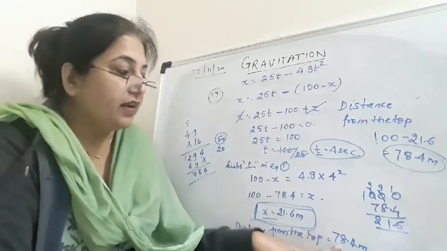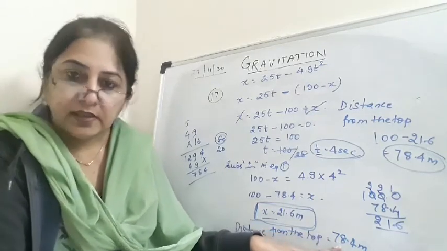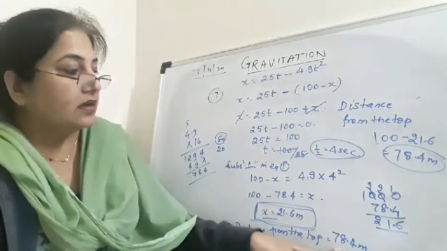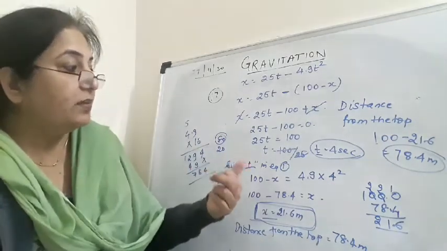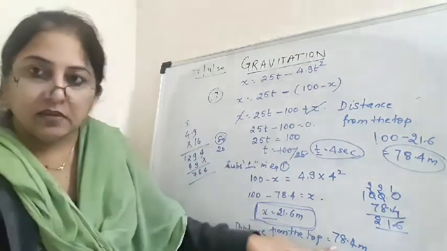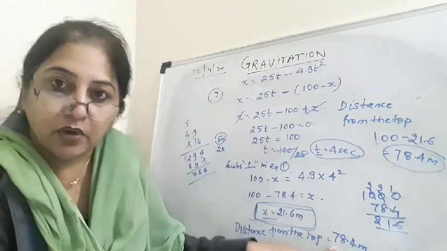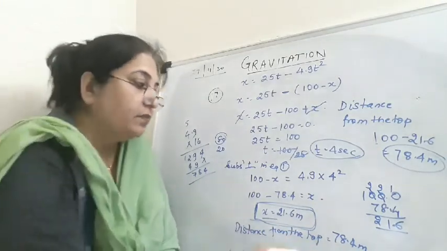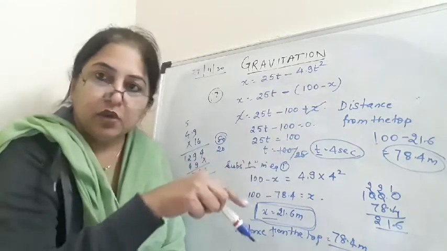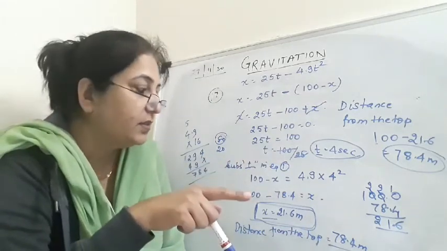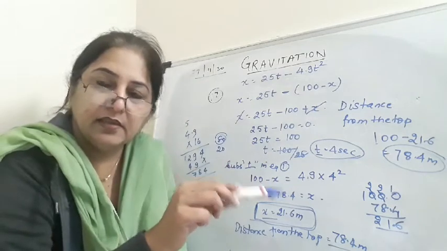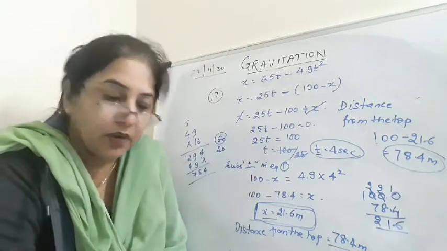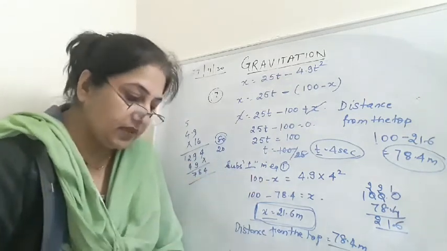Here we are getting 78.4, so that is also correct. If we do the same calculations with g as 10, then this answer will differ, but that will not be wrong. So both the answers are correct. 78.4 meters from the top and 21.6 meters from the ground. The stones will meet after how many seconds? After 4 seconds. So this completes your question number 17.